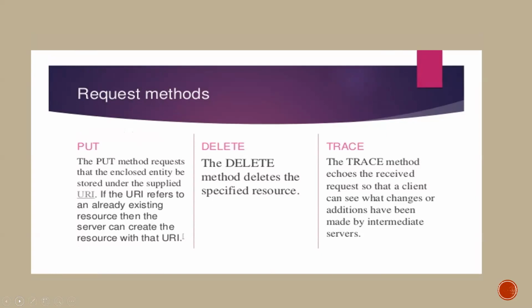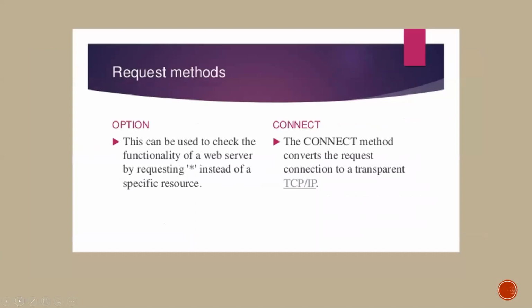The delete method deletes the specified resource, and the trace method echoes the received request so that a client can see what changes or additions have been made by intermediate servers. These are other request method options.